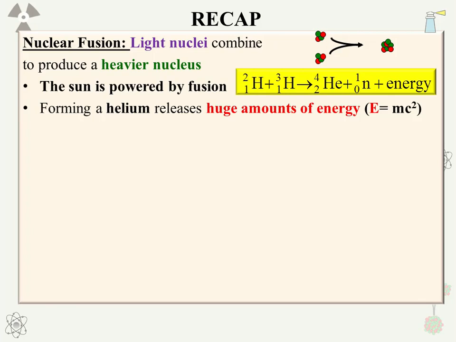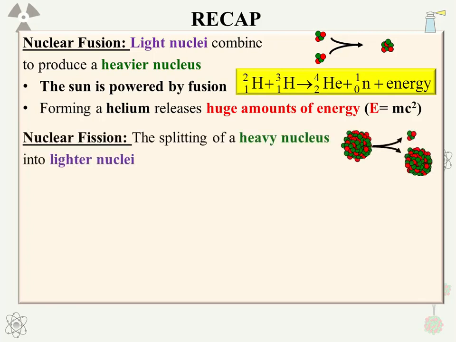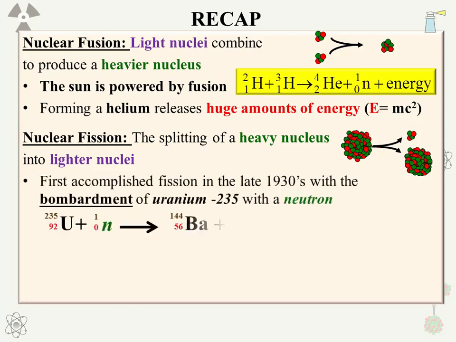The other energy-producing reaction we looked at was nuclear fission, the splitting of a heavier nucleus into lighter nuclei. This reaction was first accomplished by mankind in the late 1930s with the bombardment of uranium-235 with a high-energy neutron. In addition to generating daughter nuclei, there's the generation of 3 new high-energy neutrons.